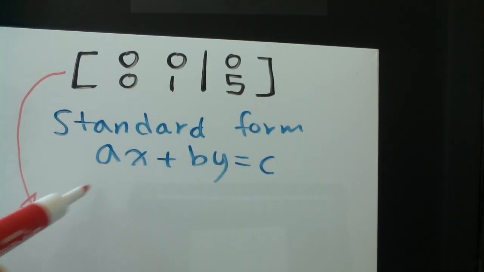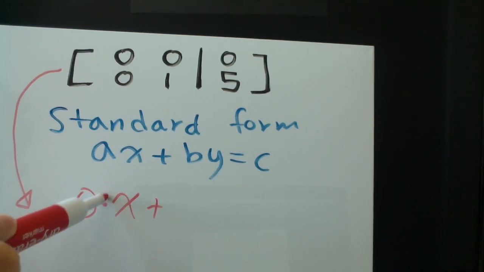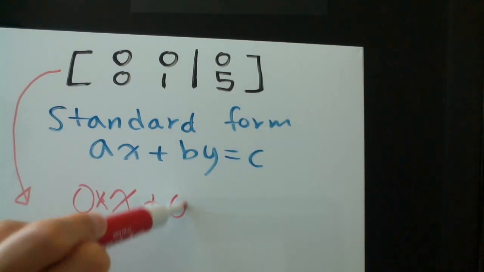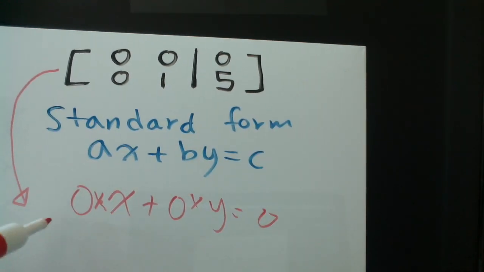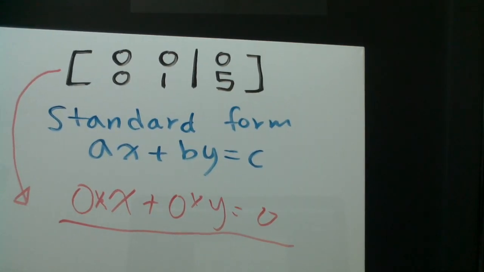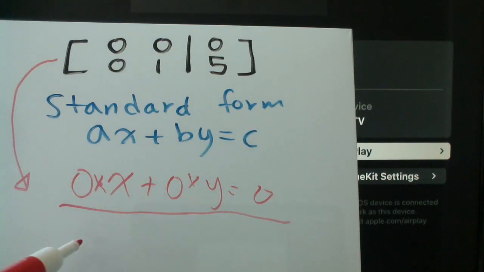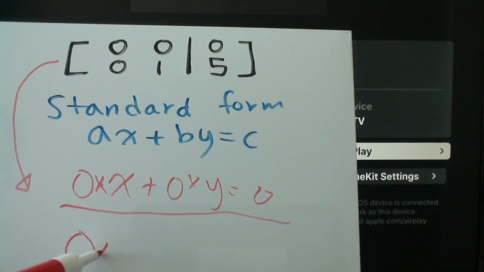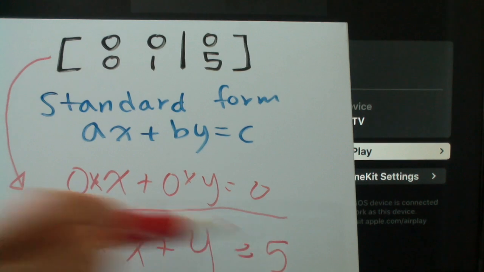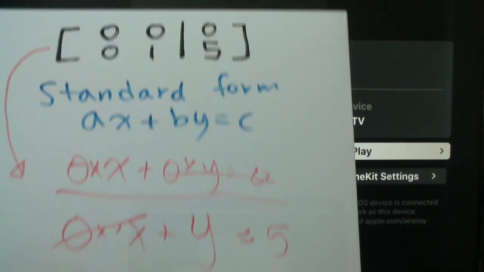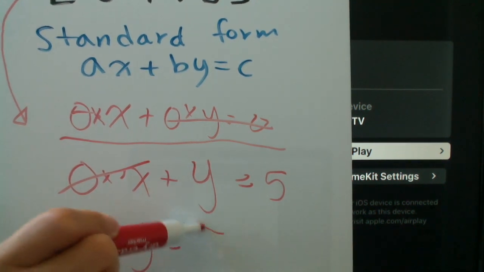So it means A is 0 times x plus 0 times y equals 0. So it means actually it doesn't exist, right? And B, the second line, 0 times x plus y is 5. So it's gone. It's all gone. So only leftover is y equals 5.